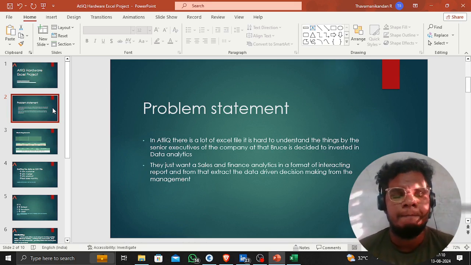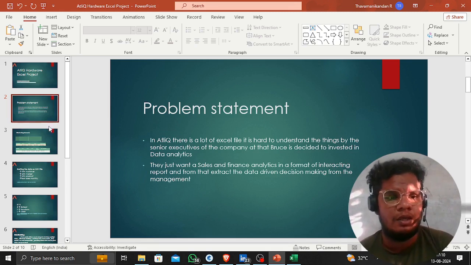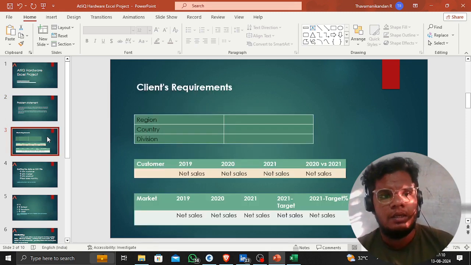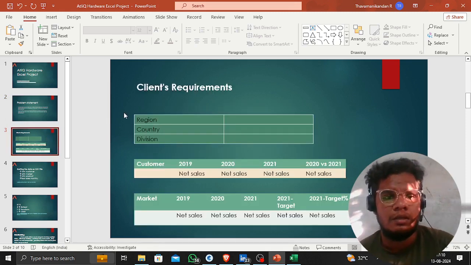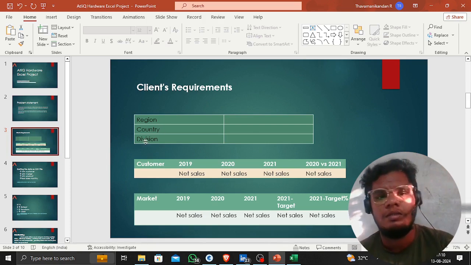For example, they are giving some client requirements, as we see on the next slide. In the client requirements, they need a region and country division, so that if we put the region and country division like that, they can see things in a very easy way.